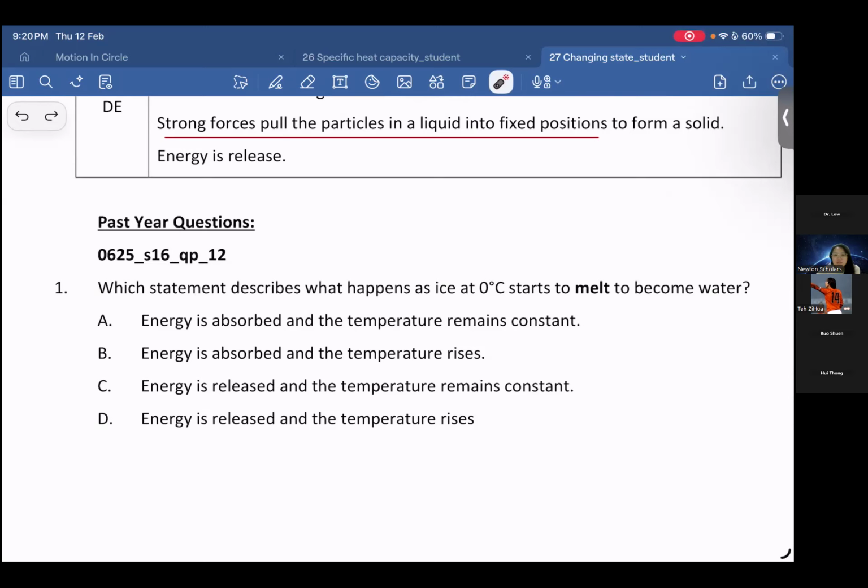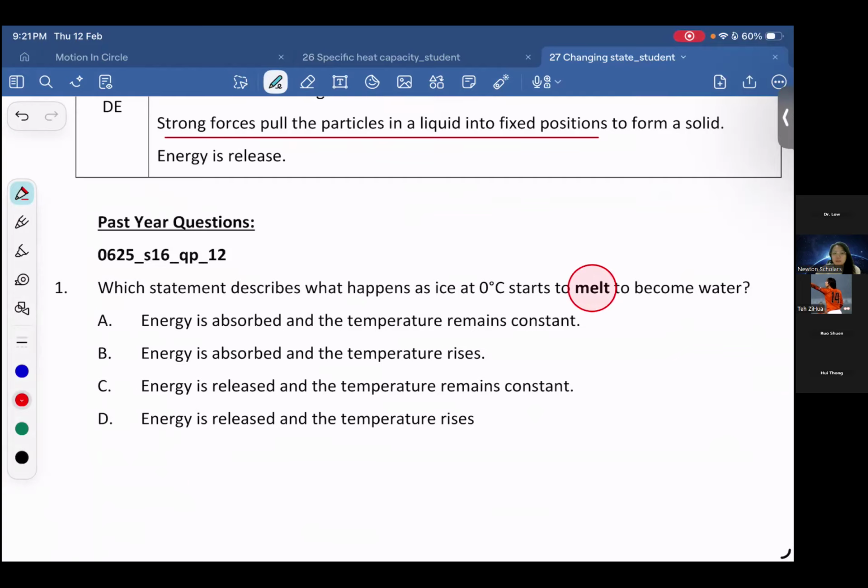Emily, melt is absorb heat or release heat? Think about this question. Serene, melting, you absorb heat or release heat? Ask yourself, melting point, melting. Yes, Serene, correct.